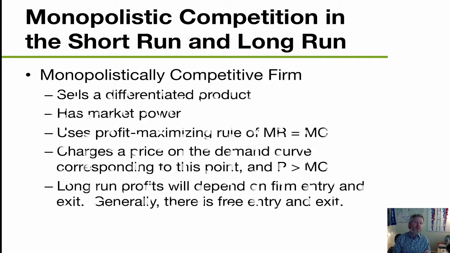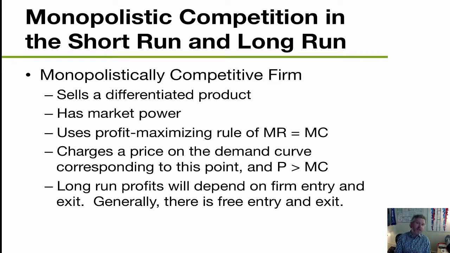All right. So monopolistically competitive firms, here again are their characteristics. They have a differentiated product. It's not entirely homogeneous with every other good in the market, and it's not entirely different. Some people consider it the same as all the other goods, and some people consider it very different. They're in this middle case. They have some market power.